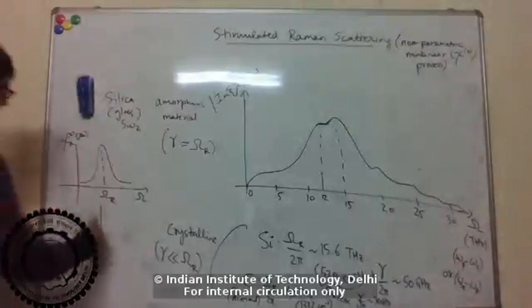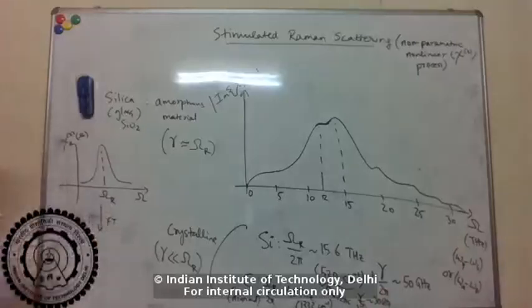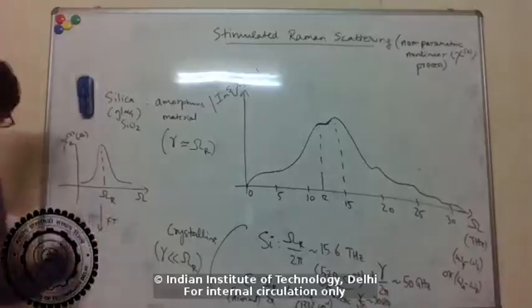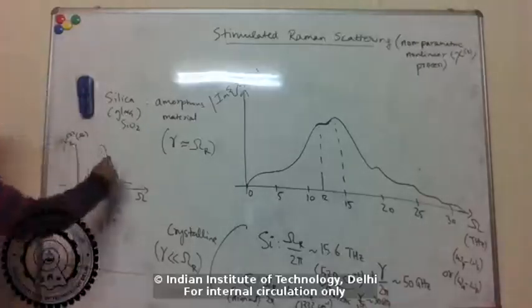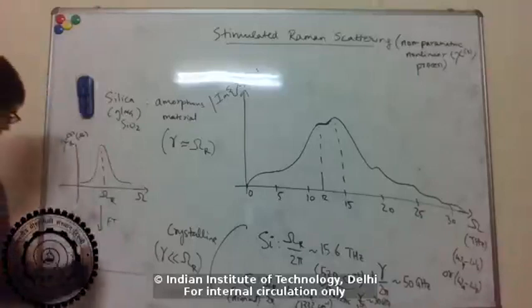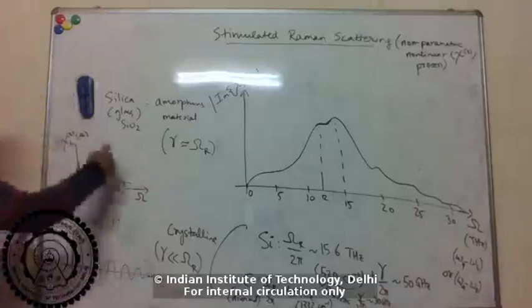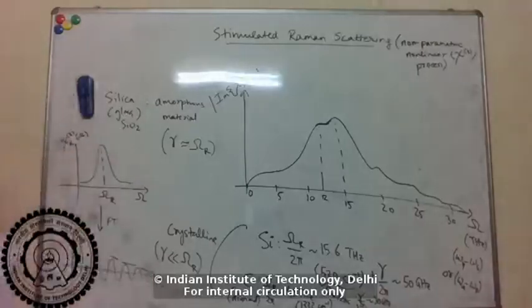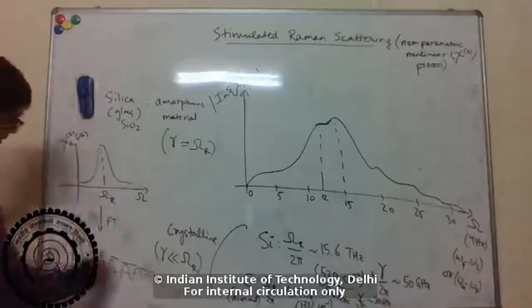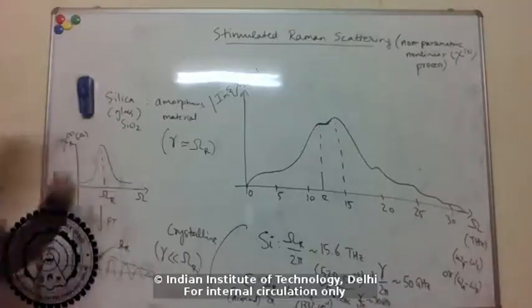Then if you take the Fourier transform and go to the time domain, the Fourier transform of the Lorentzian looks like a damped sinusoid, where the oscillation frequency of this sinusoid is omega r, which is the peak of the Lorentzian.